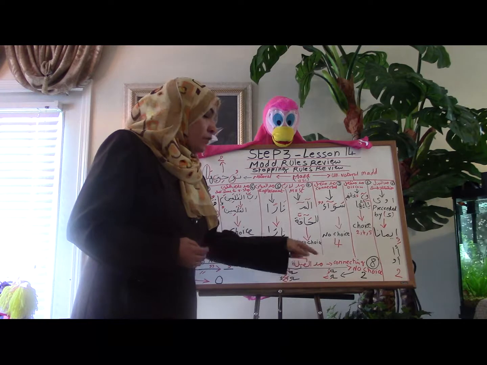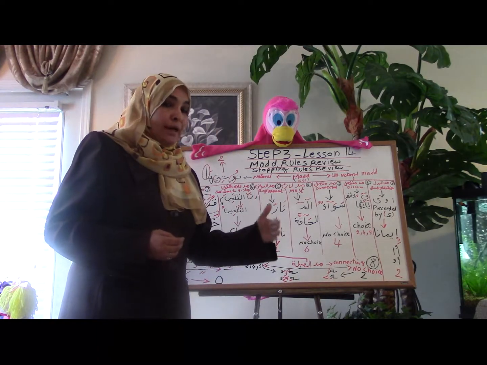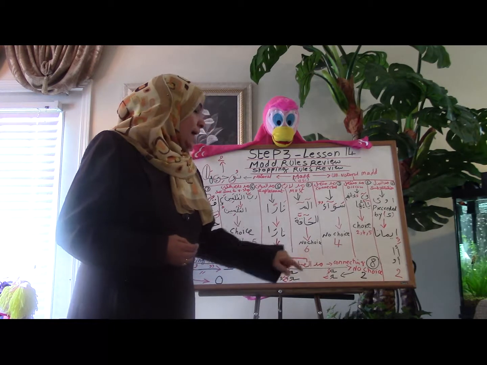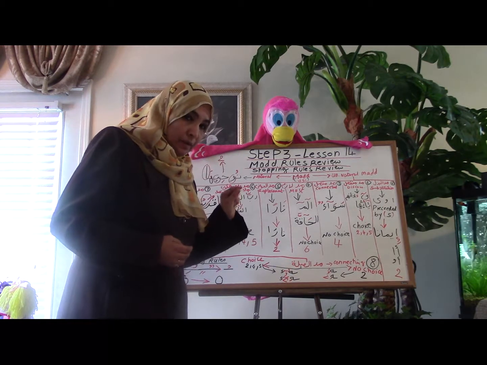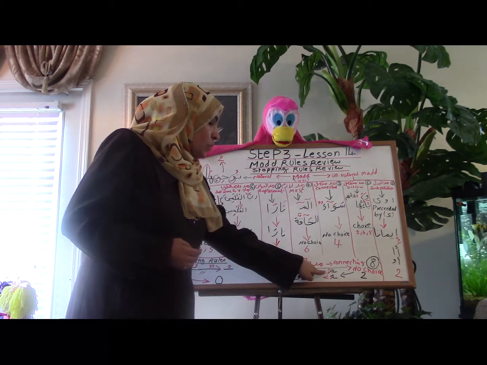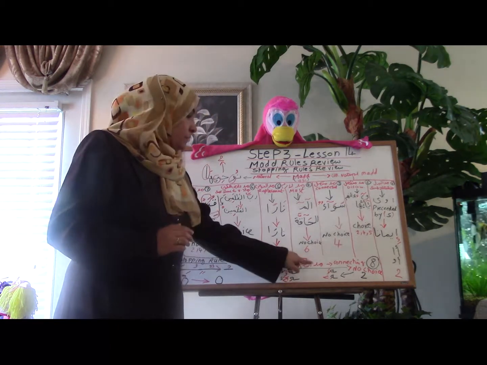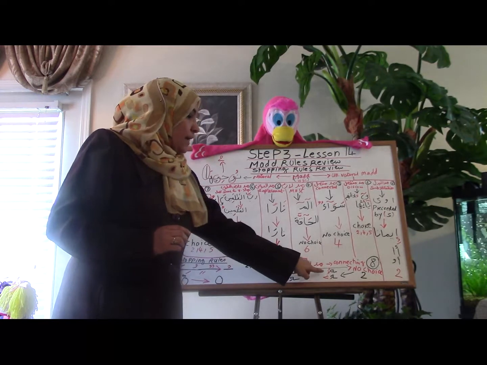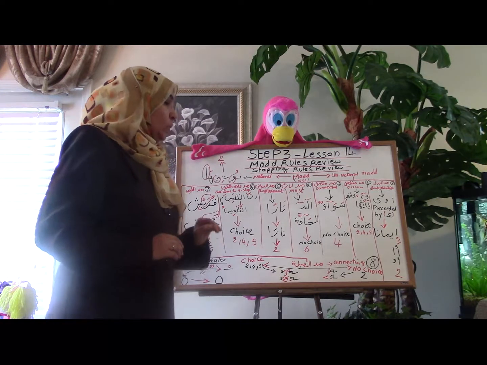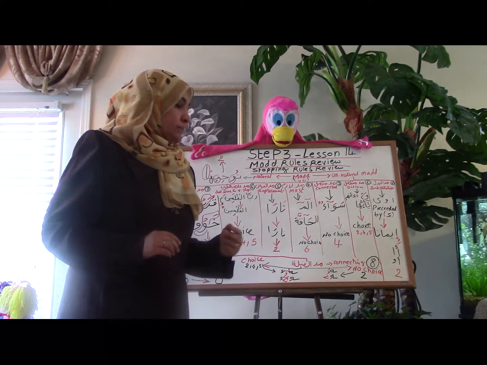So this ha refers to the masculine pronoun of a third person. If this ha has a dhamma, you're going to find a small vowel letter on the left side of the ha, and the next word will not have a hamza. In this case, I would elongate only 2 harakat.